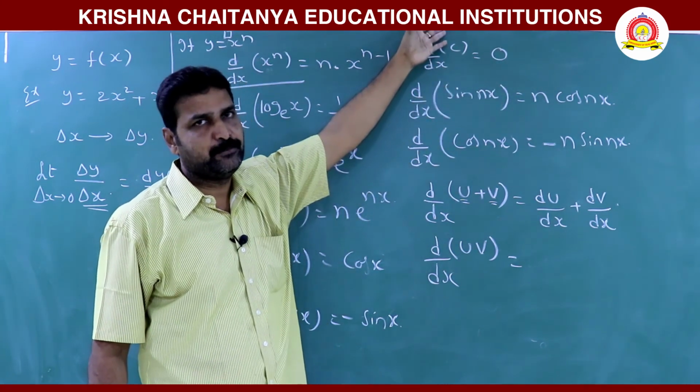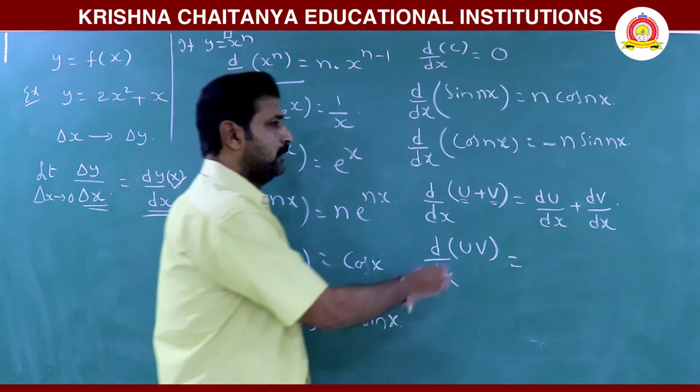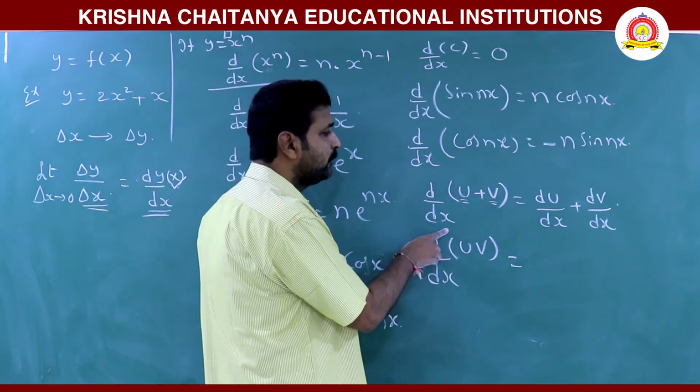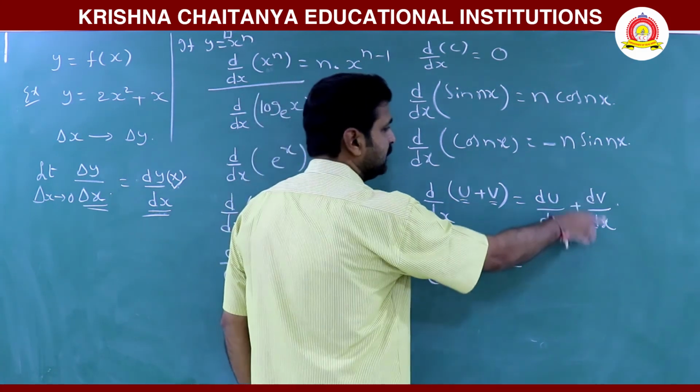If x changes, there is no change in y, so dy, the change in y, is 0. Why? Because it is a constant. Okay. So u and v should depend on x, then only you can write du by dx plus dv by dx.